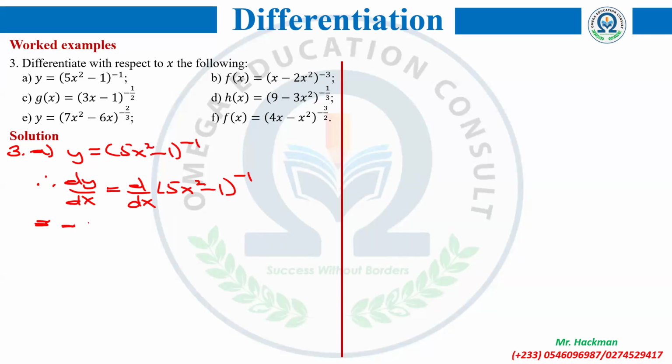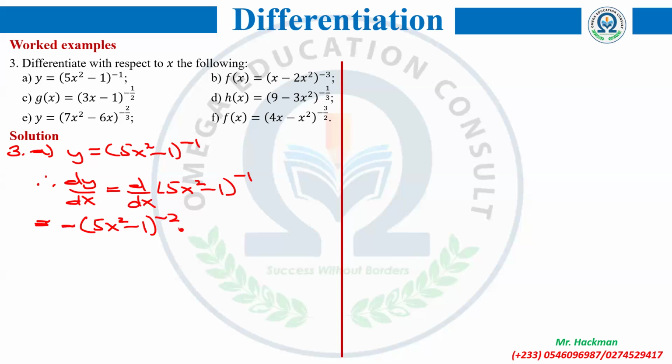The 1 is simply understood to be there. So I'll write minus, then I'll keep my 5x squared minus 1, and it will be minus 1 minus 1. That will give us minus 2. Do you agree? Yes, please.